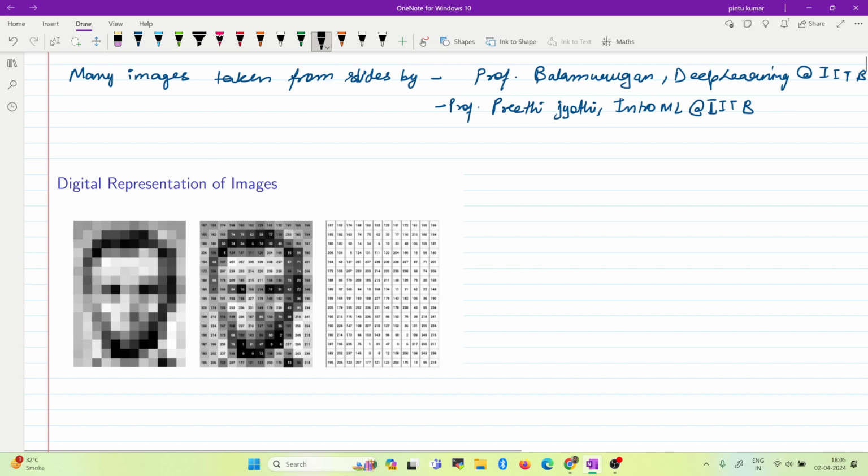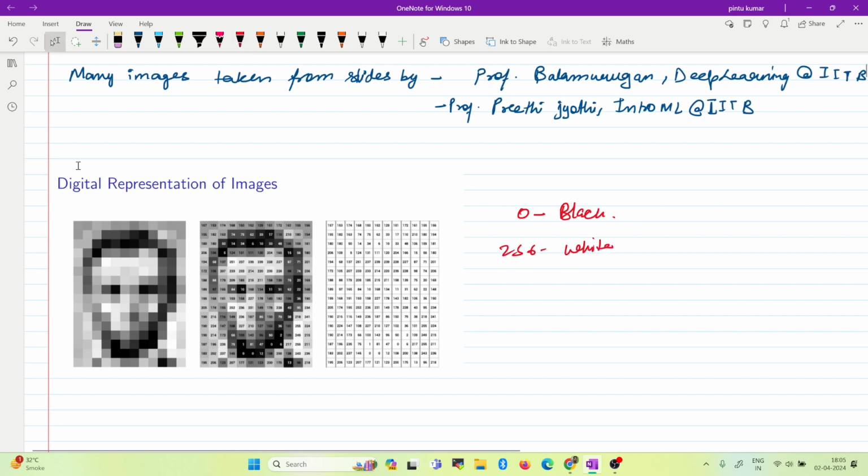For example, this is a representation of a grayscale image. By grayscale, I mean it has only shades of black and white. So 0 means black and 256 means white.